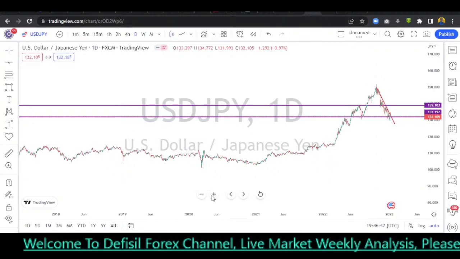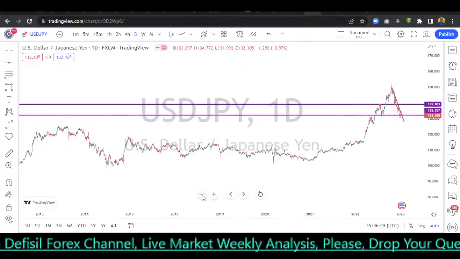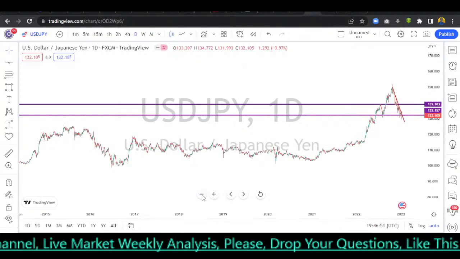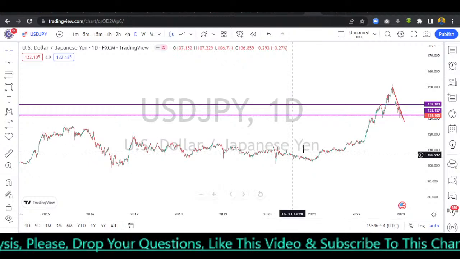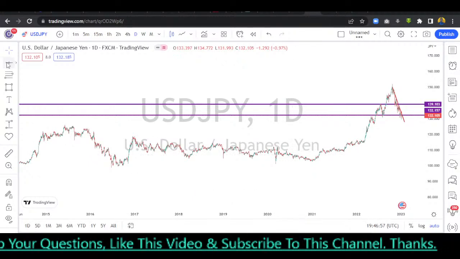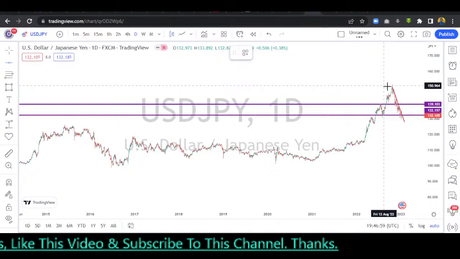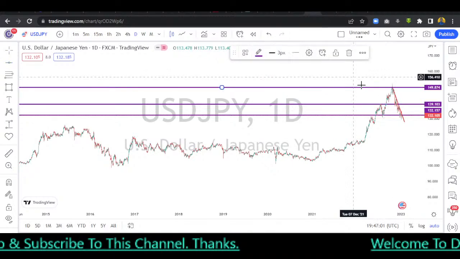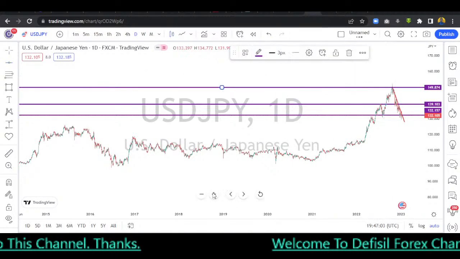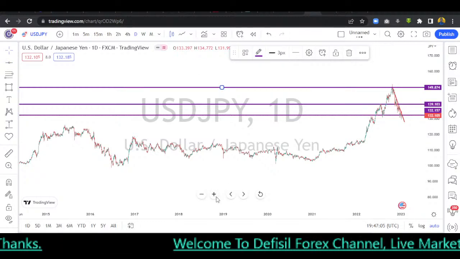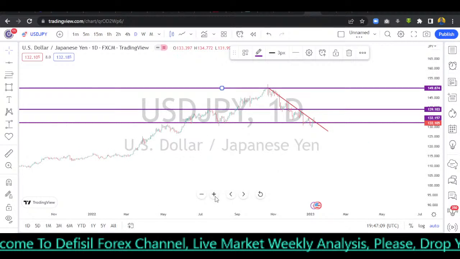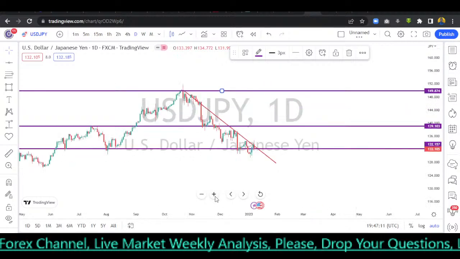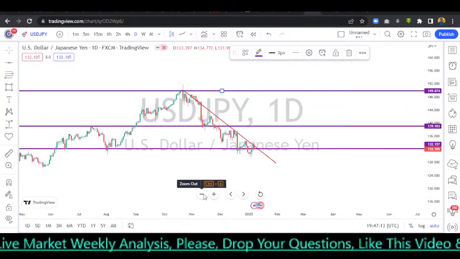On the daily chart, you can see that it's an uptrend that's now reversing to become a downtrend. So the red line I drew, which would be our trend line, is valid both on the daily time frame and on the 4-hour time frame.